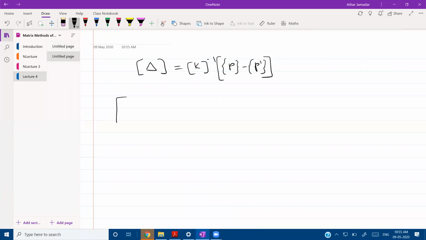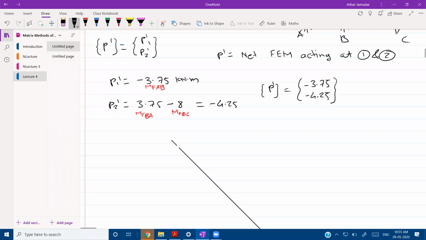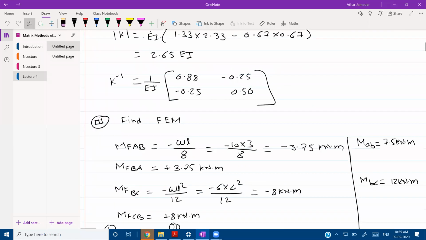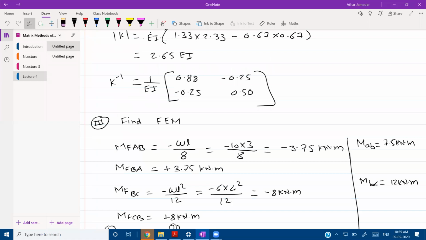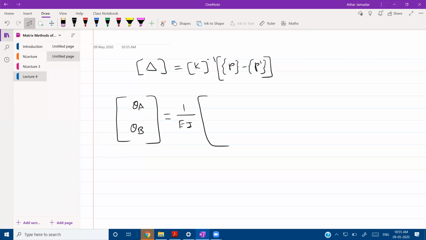So del matrix, we know, is theta A and theta B. K matrix is 1 upon EI times the K inverse matrix. What are those values? Yes, these are 0.88, 0.25, 0.5, 0.88, minus 0.25, 0.5, minus 0.25. This is nothing but your K inverse matrix.